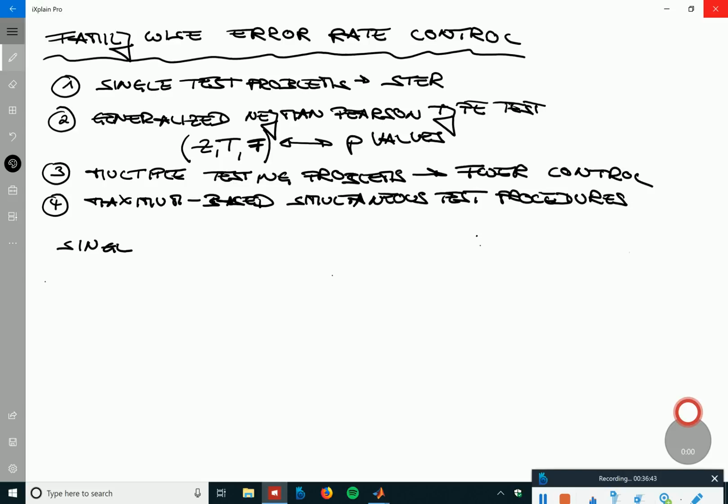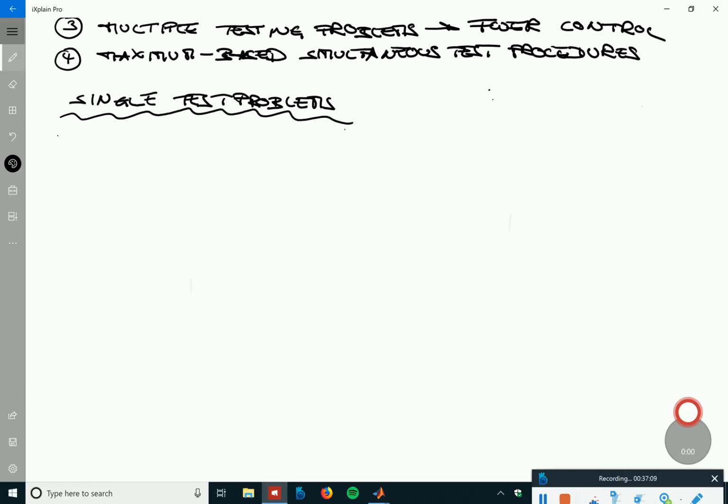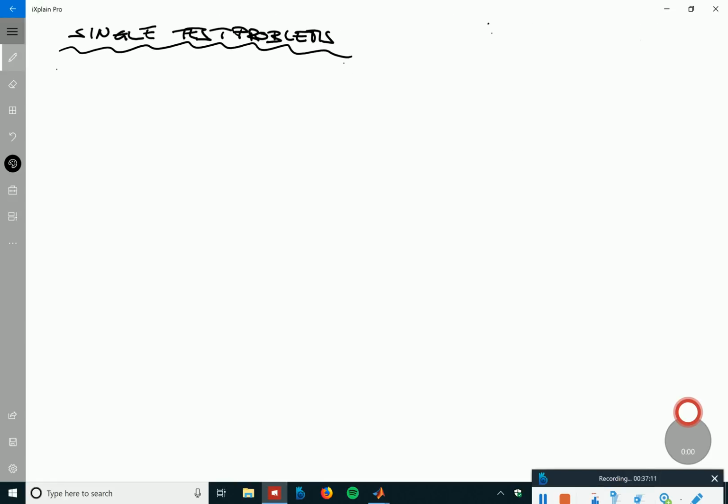We developed the whole thing under a parametric statistical model, but you can also apply non-parametric tests to parametric statistical models if you want, but the whole theory here is developed for parametric models. Single test problems. And we need single test problems so that we have a language to introduce multiple test problems. Because how can you do multiple testing if you don't know what single testing means?